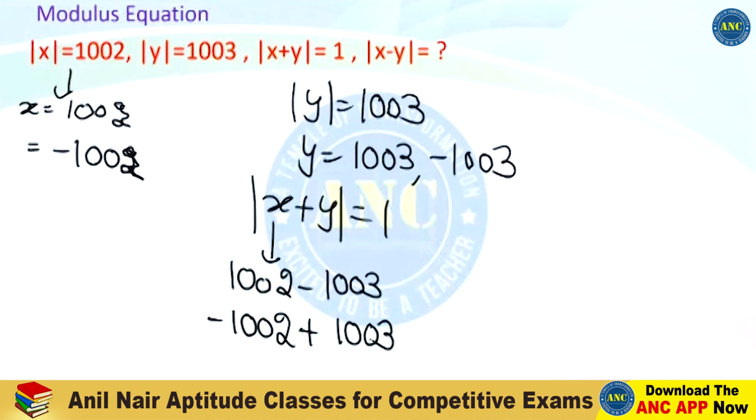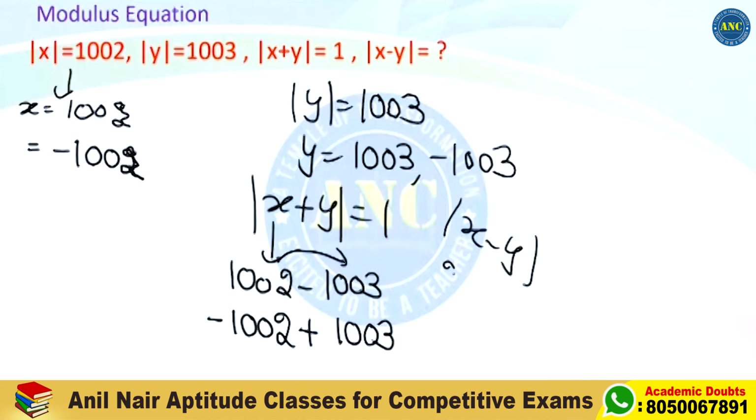1003 minus 1002, again it is 1. So x is taking plus 1002, y will take minus 1003. X will take minus 1002, y will take plus 1003. Mod of x minus y, any value: 1002 minus of minus 1003 is 2005.